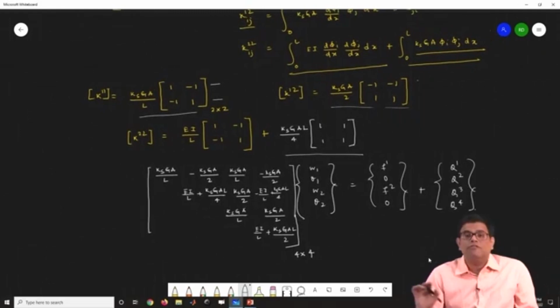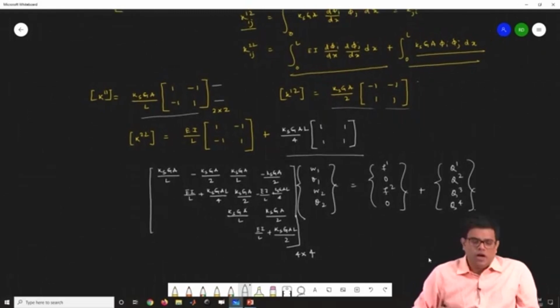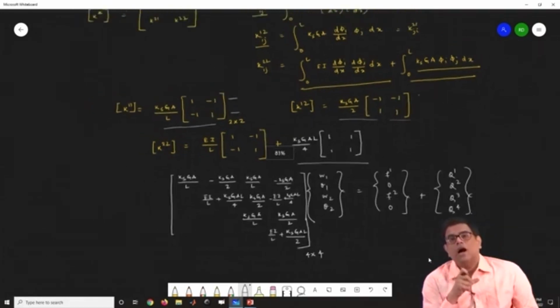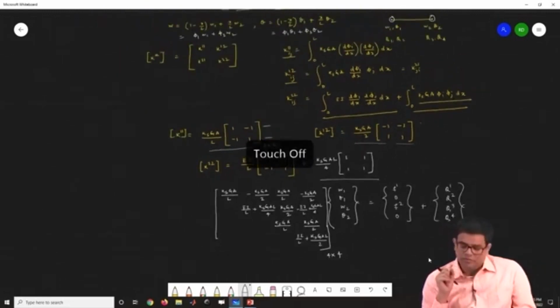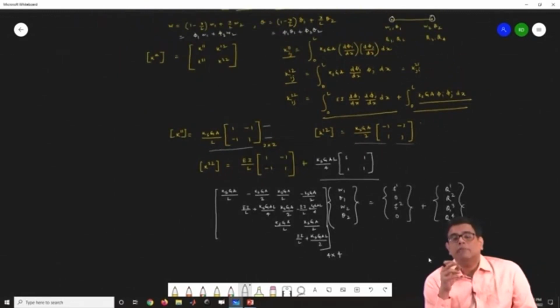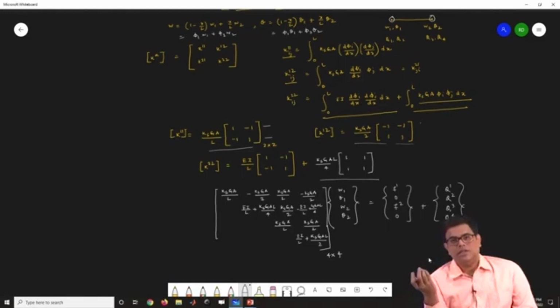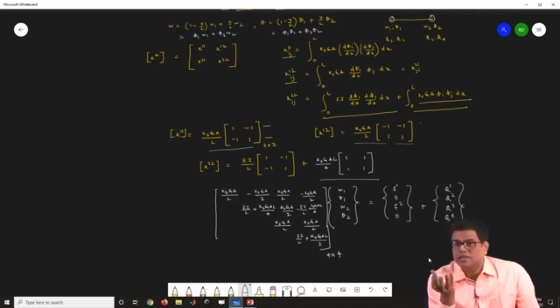That's all. So we have learned basically two things. One is essentially consistent interpolation, where we can apply different orders of polynomial for the interpolation of W as well as theta. And the other is reduced integration, for which we have just given you the primary idea of what it means and what the problem is.